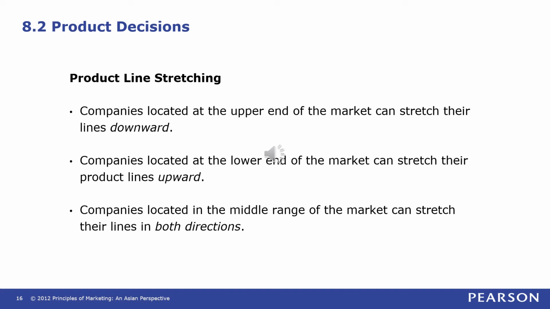Product line stretching occurs when a company lengthens its product line beyond its current range. For instance, a company currently in a hotel line, where the present hotel line is open for business associates.